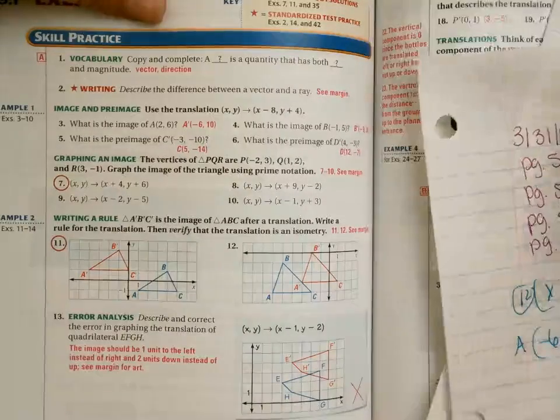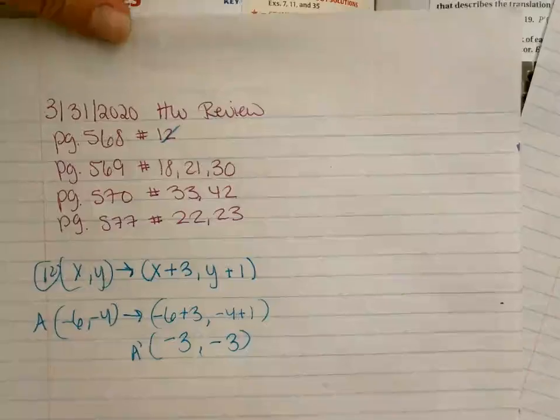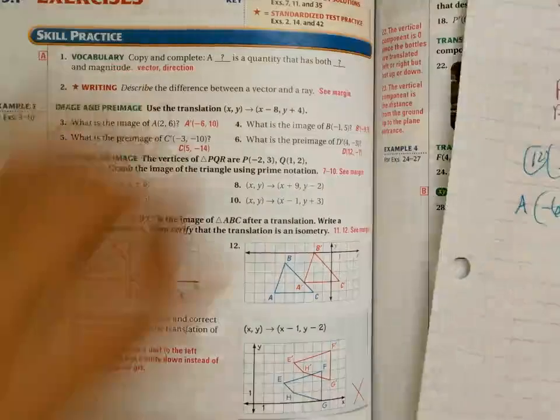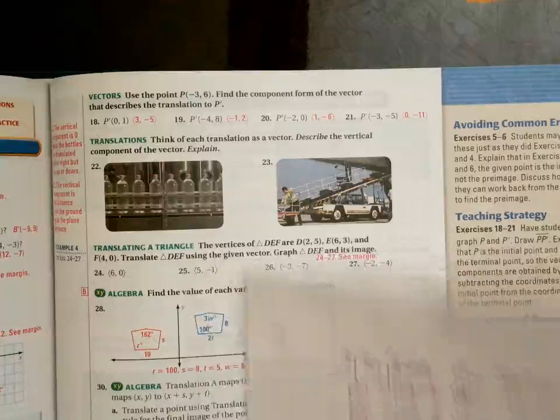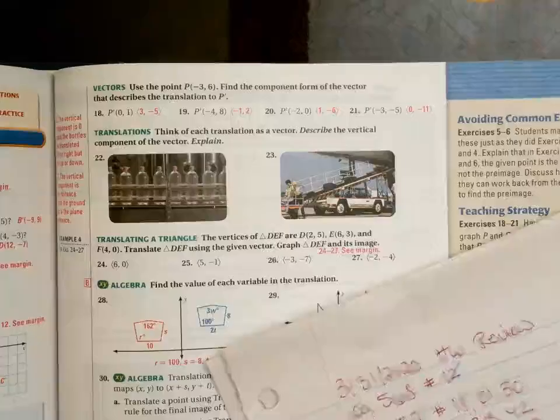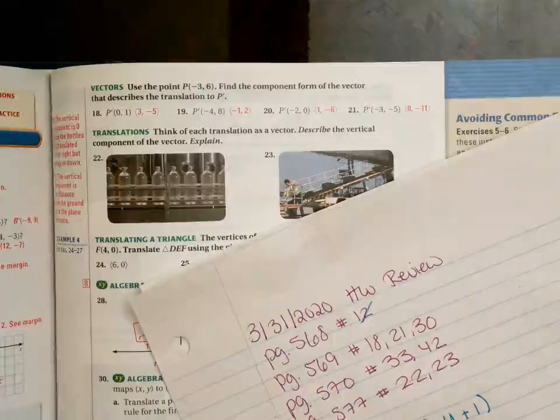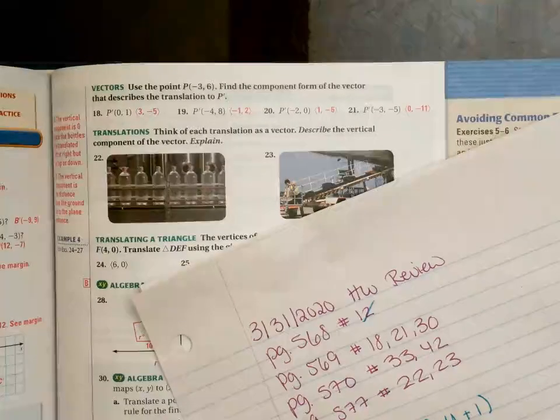Next problem. Next request was page 569, number 18. Use the point P at number 18. P is negative 3, 6. Find the component form of the vector that describes the translation to P prime.